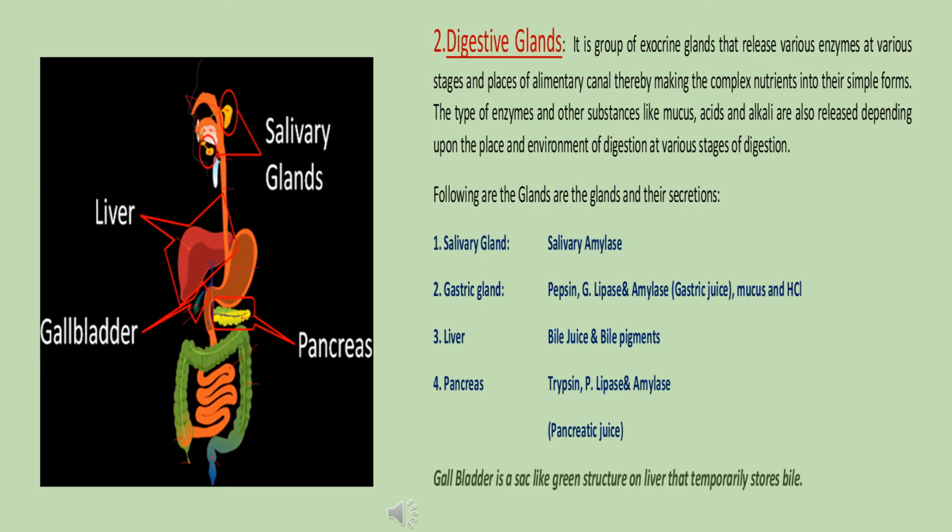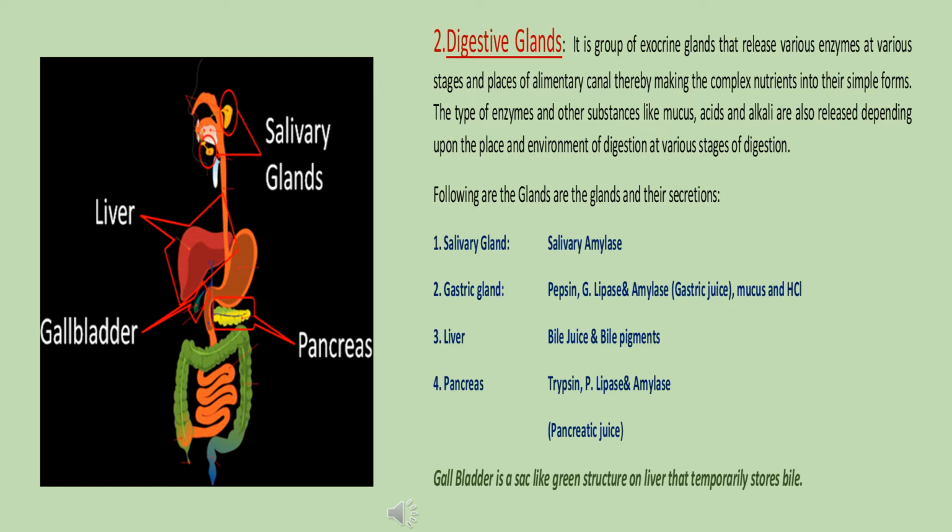So one of the components of the gastric juice is hydrochloric acid and mucus. Hydrochloric acid provides the environment for the working of pepsin enzyme, and also it helps in killing the germs. Mucus further helps in the protection of the gastric wall, and it also helps in the movement of food.